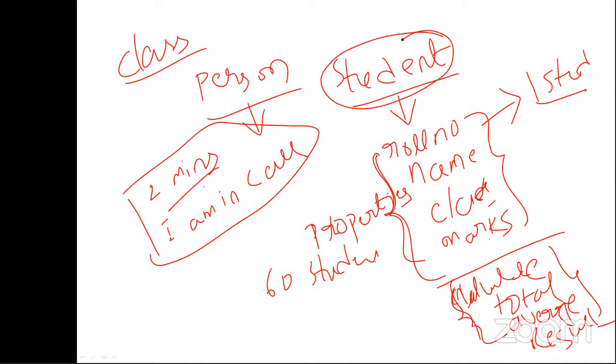At the time of allocating the memory, we may need to do some operations. Sometimes we may require something and sometimes not. For that reason, I'm going to use a topic called constructor.